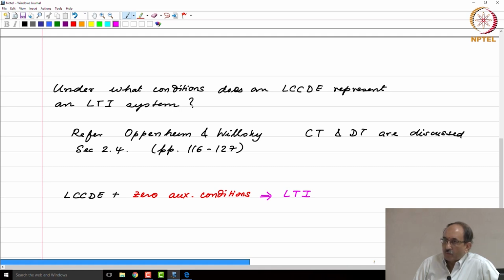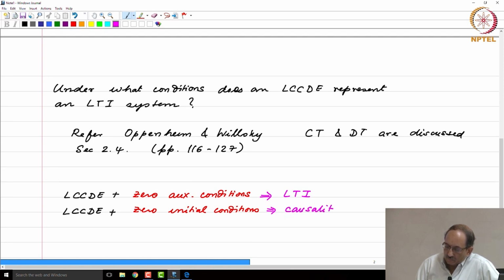If the input output relationship is described by a linear constant coefficient, either differential equation or difference equation, that represents an LTI system provided you have 0 auxiliary conditions. And LCCDE plus 0 initial conditions represents causality.